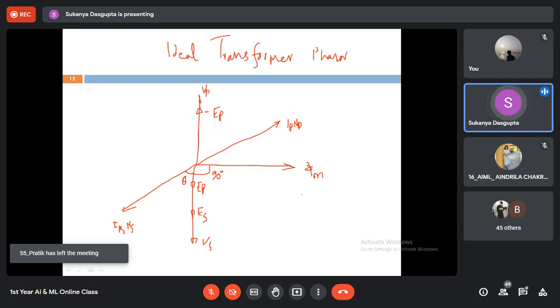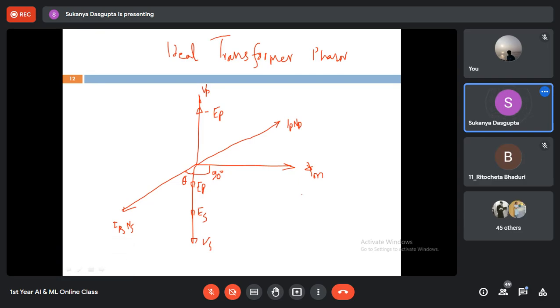Tell me if you have any doubts. So all of you have understood this phasor diagram? So always remember the relationships between phi, E, IP, IS, VP, EP, etc.